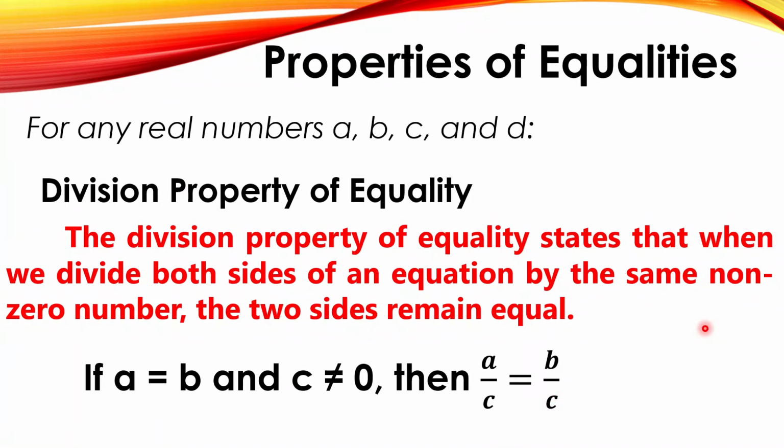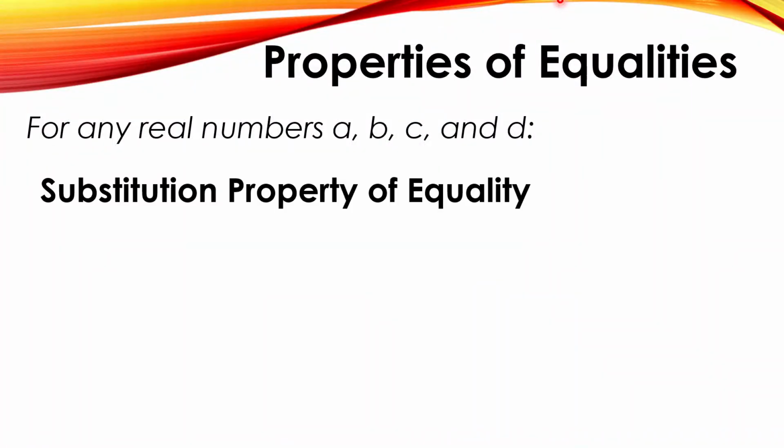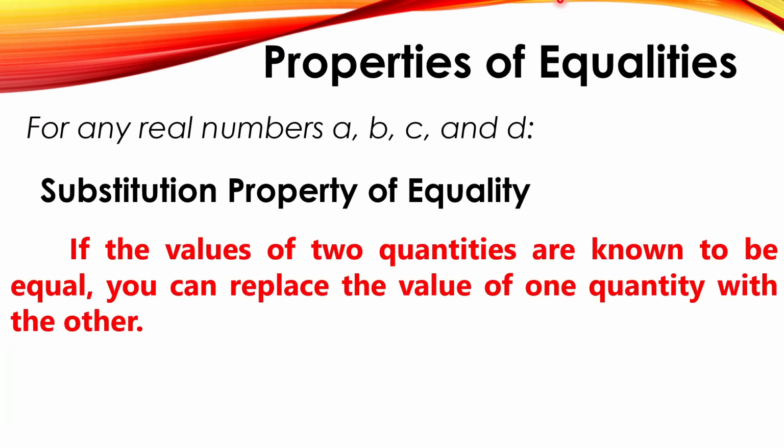And last is the substitution property of equality. If the values of two quantities are known to be equal, then you can replace the value of one quantity with the other.